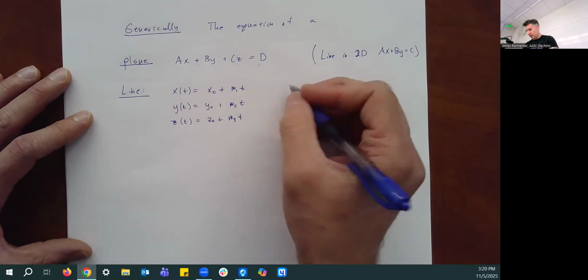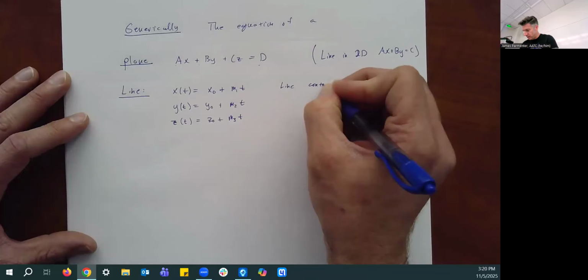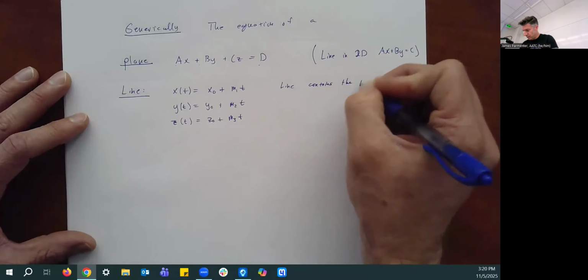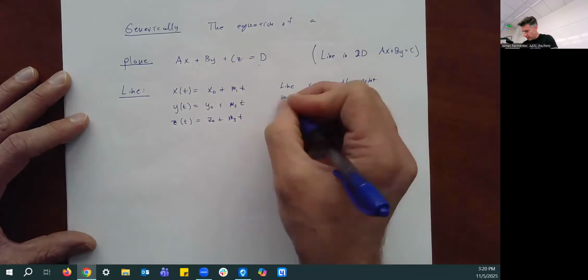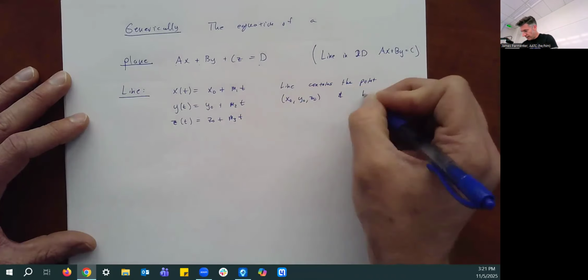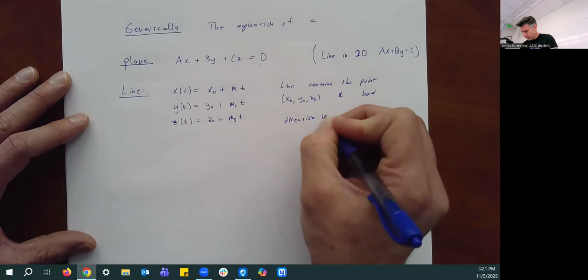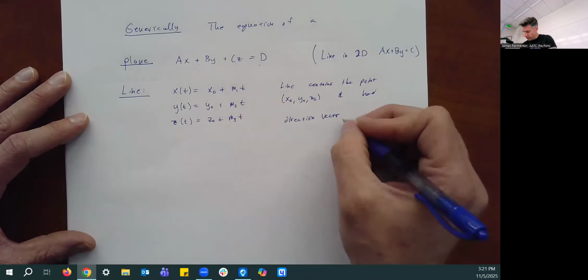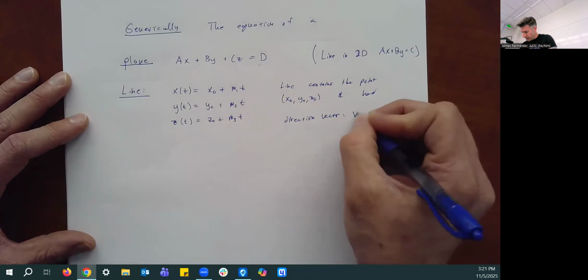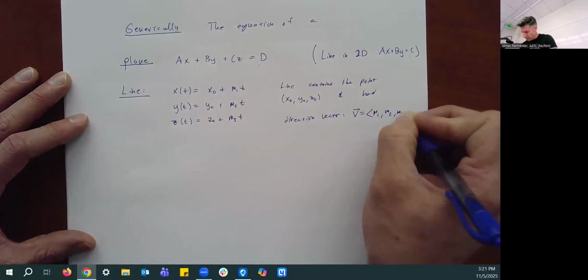Essentially what we're saying is this line contains the point x naught, y naught, z naught, and has direction vector, I guess I could have called it V1, V2, V3, but I didn't, V equal to M1, M2, M3.